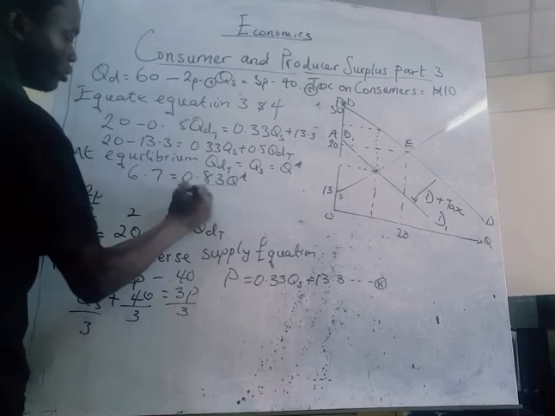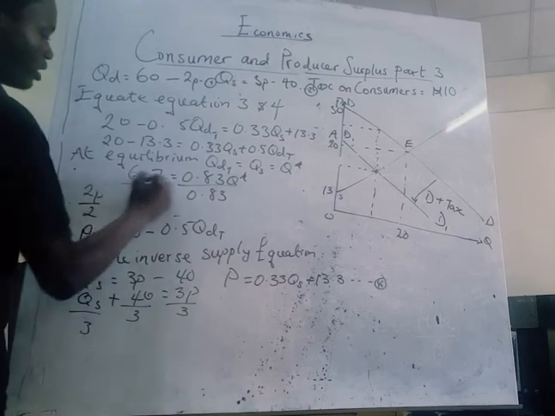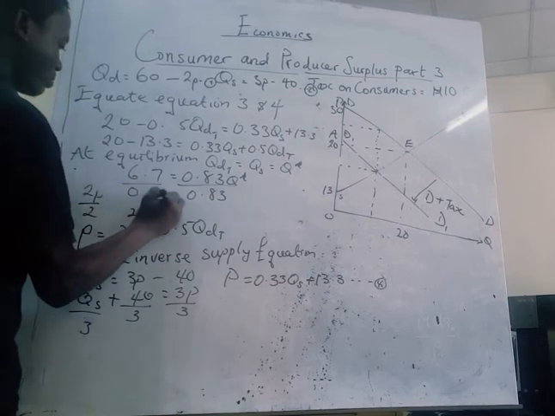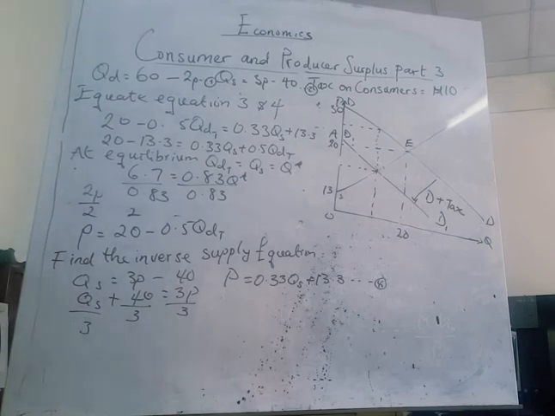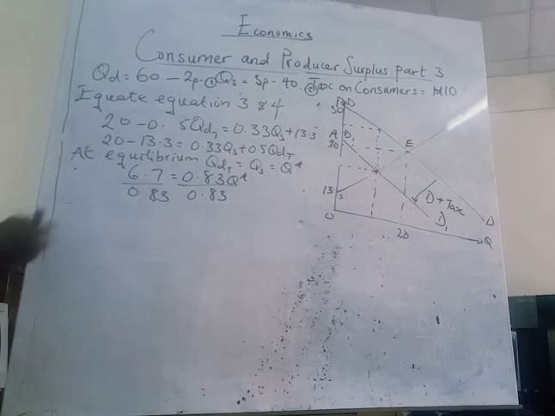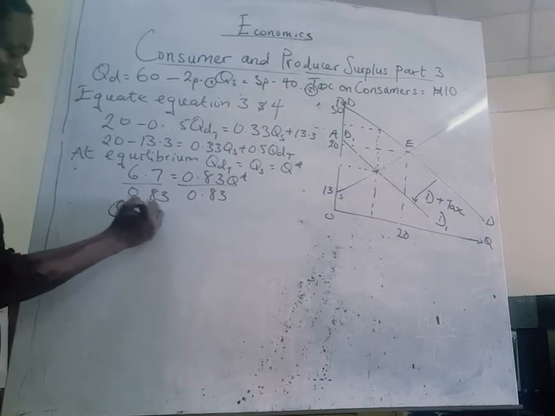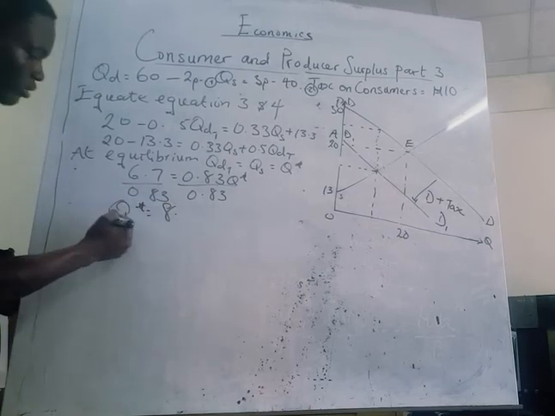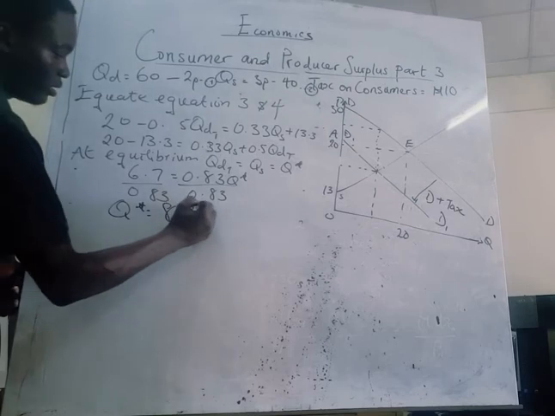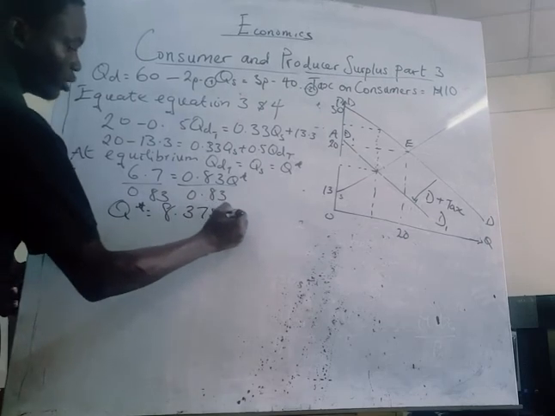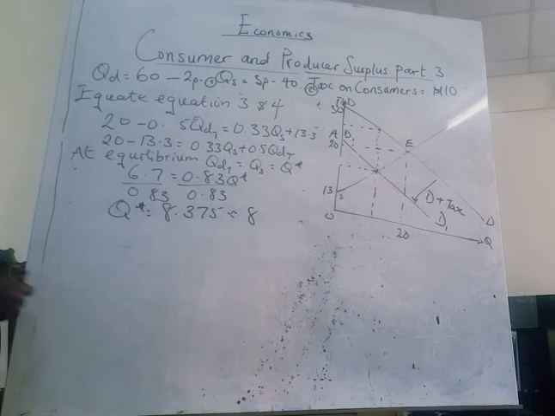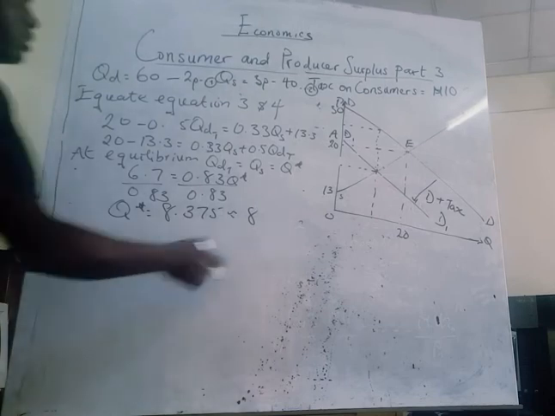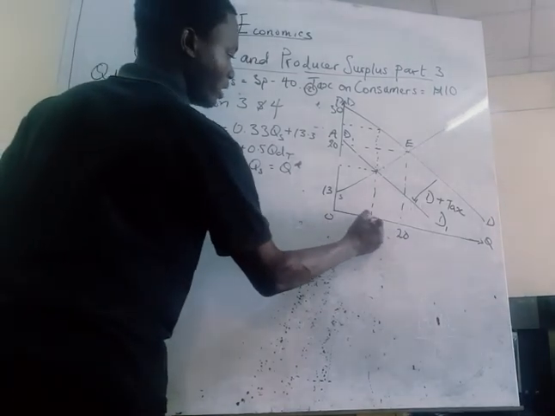We divide through by 0.83, and Q star here is equal to 8.375. We can just approximate this to 8. So the quantity is 8. The equilibrium quantity has now fallen from 20 to 8.